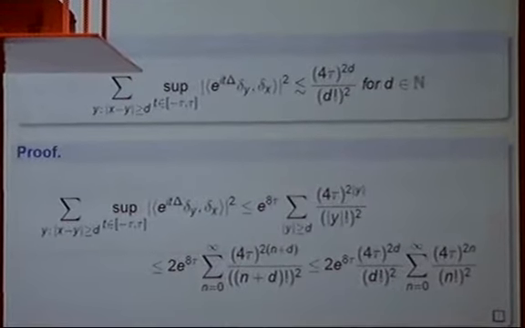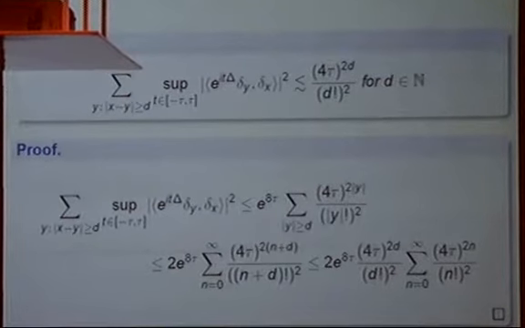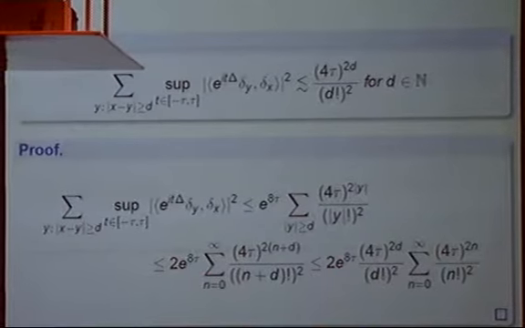Here we have a square, and we have a summation over y, such that y has distance at least d from any fixed x. So this is a uniform bound in x also. So we can show that it is bounded by this vector here.